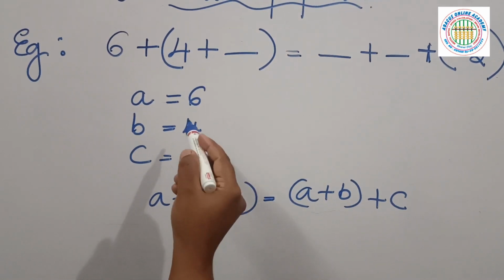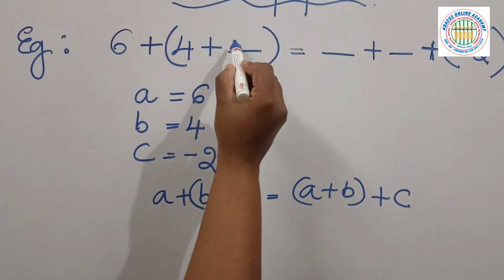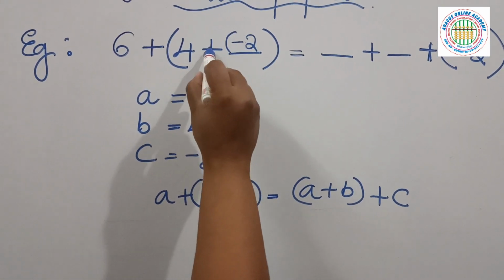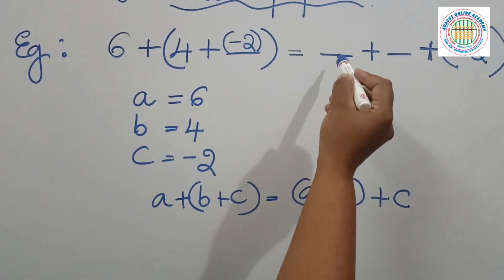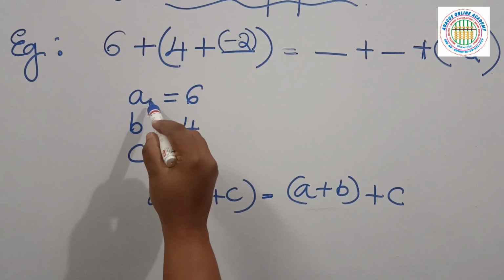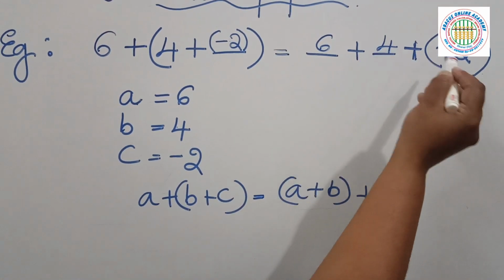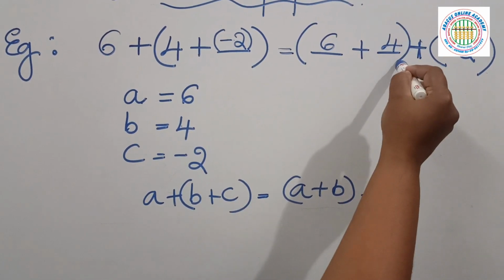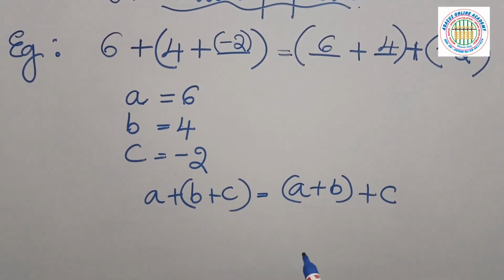What should you fill now? A is 6, B is 4, C is minus 2. Now you should not leave it like this because you have two signs together. So it's minus 2. Now these two are in a bracket. So this is associative property. This is how you can solve the question.